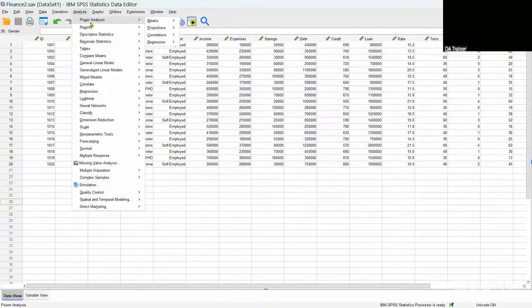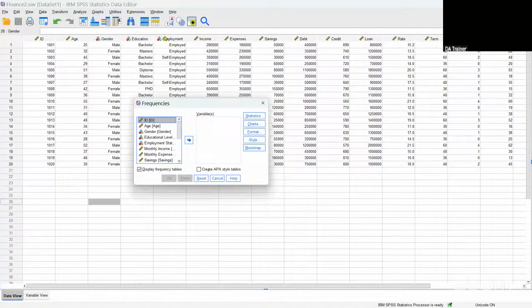Okay, now under analyze, there's what is called descriptive statistics. Descriptive statistics. And then if you hover over it, it will bring its own drop down. And then the first option there is frequencies. Let's just click on frequencies. All right, so the frequencies dialog box is open. And then I want us to just do one or two to know the frequency of each data set that is listed out there. So let's pick gender.